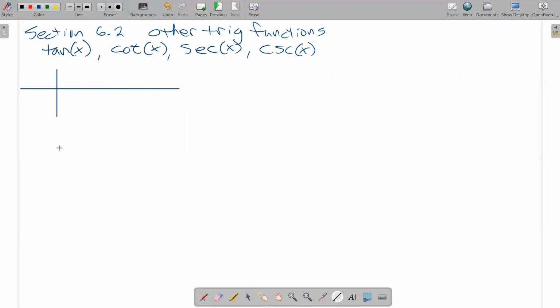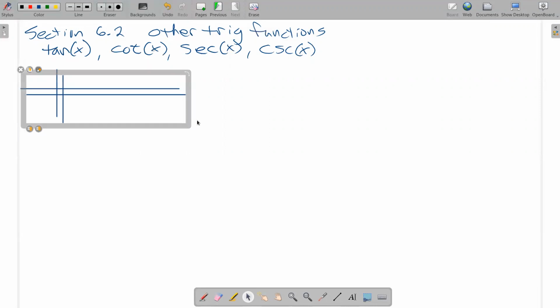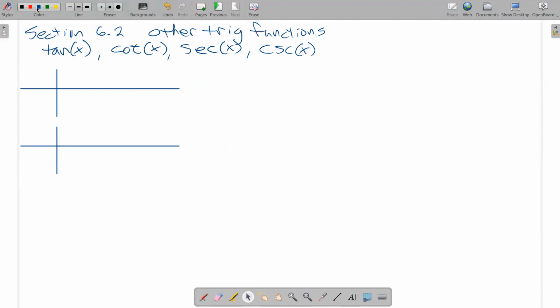So I'm going to graph each of those here. So first, the sine.